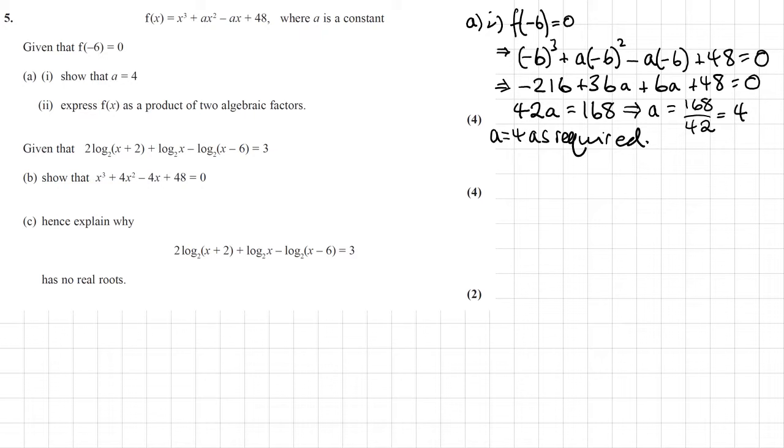Moving on to the second part of part A, it says express f of x as a product of two algebraic factors. Now I know that a is 4, I can write down that f of x is equal to x cubed, and replace the a's with 4, plus 4x squared minus 4x plus 48.